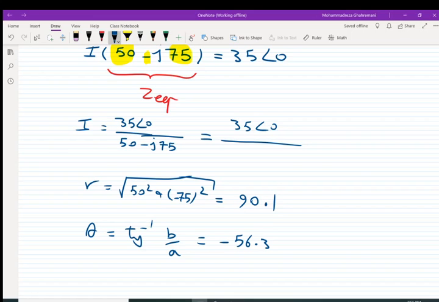So we apply these values in the denominator, and we have 90.1 with the angle of negative 56.3.